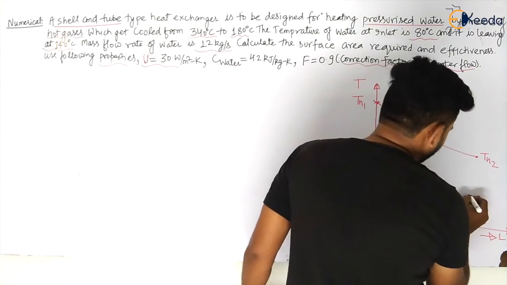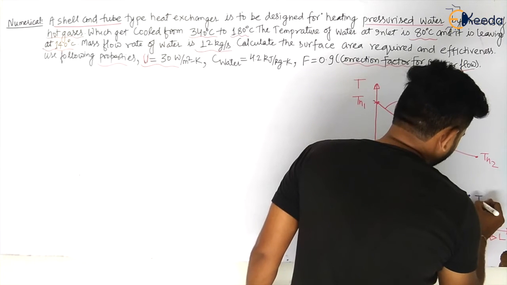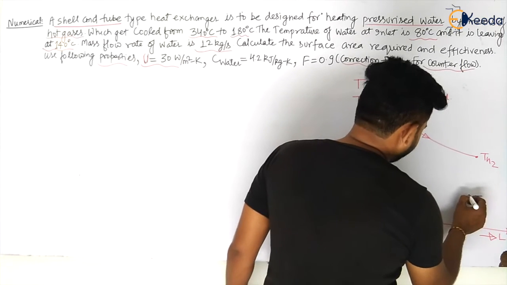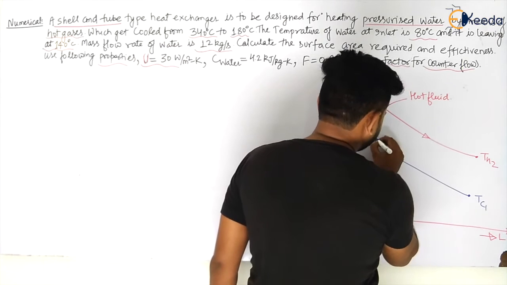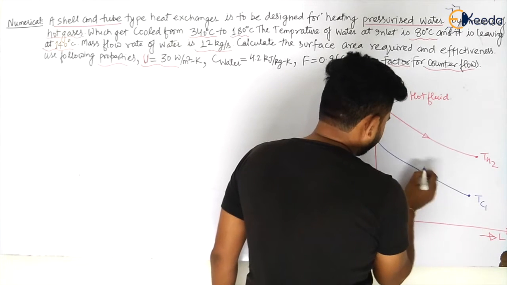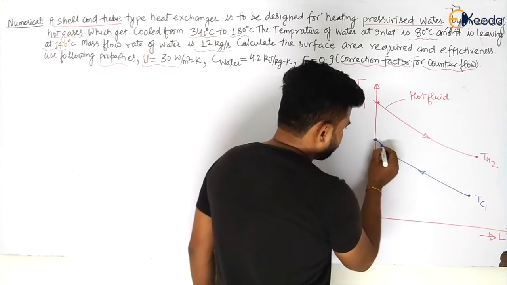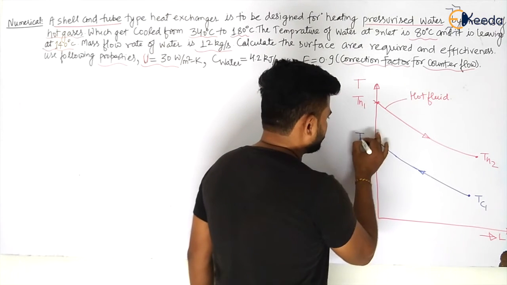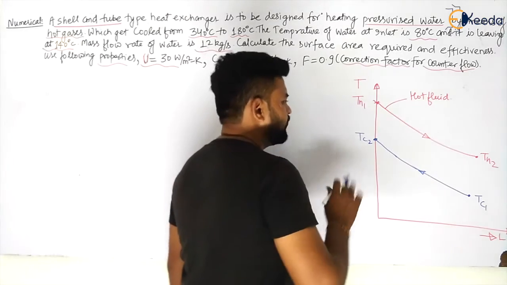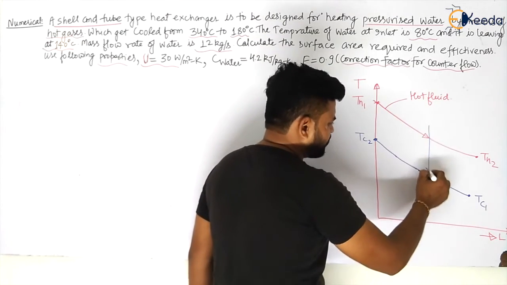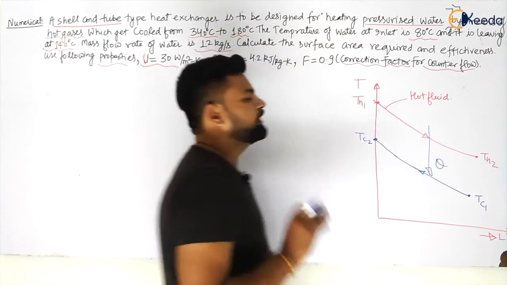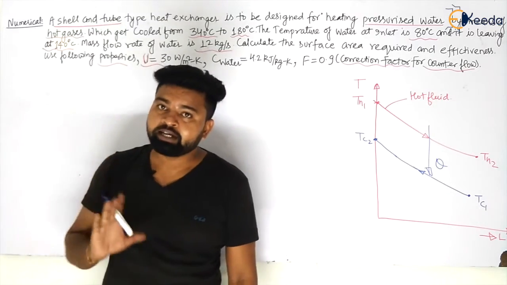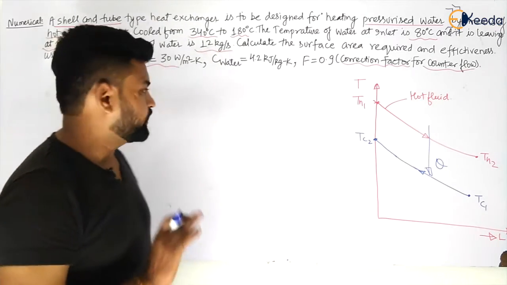The cold fluid enters at TC1 and leaves at TC2. Very good. Now, there will be some heat exchange from hot fluid to cold fluid. We already know heat lost by the hot fluid will be equal to heat gained by the cold fluid, my dear students. Let us see.